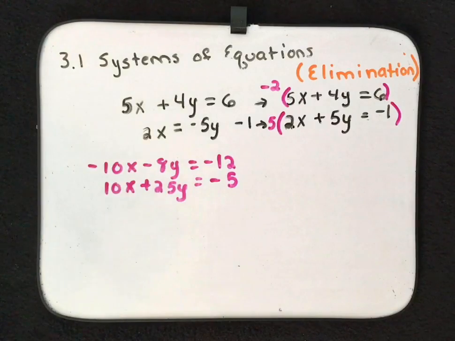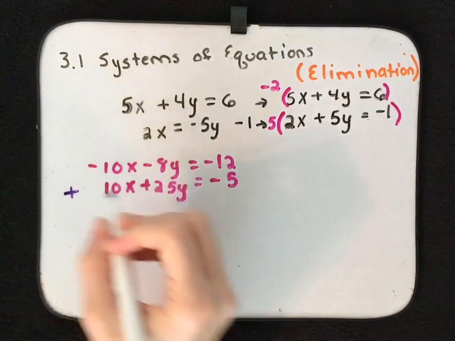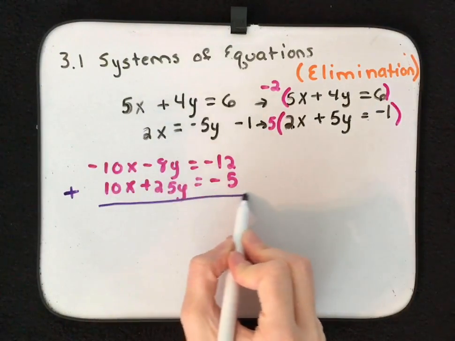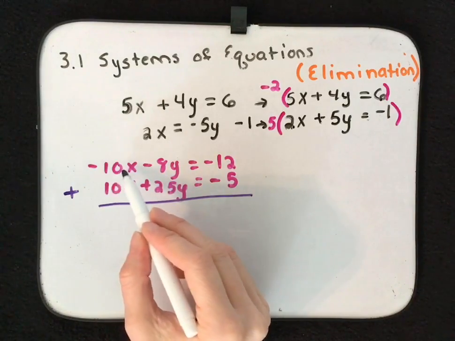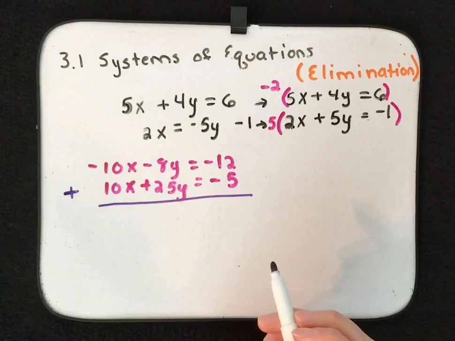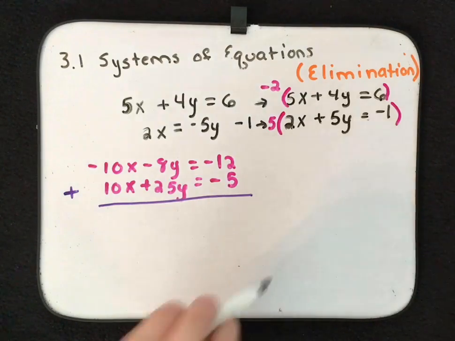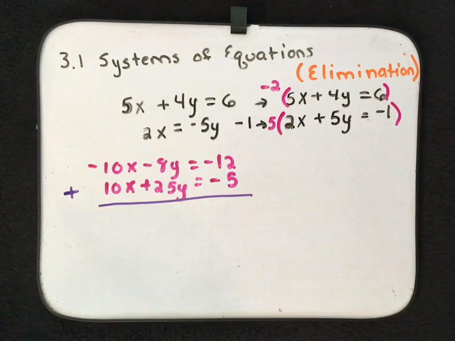At first glance, it might look like we just made this a whole lot more complicated, but something fancy is about to happen. When we add right here, negative 10x plus 10x goes to 0, and the x's have now been eliminated. That's why this is called the elimination method. We have eliminated the x variable.